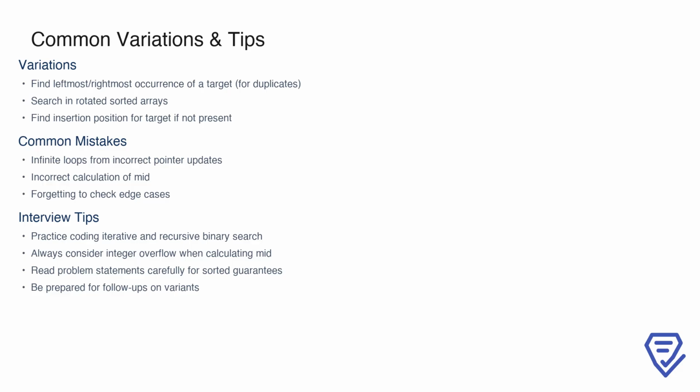Mistakes often arise from incorrect pointer updates, errors in computing the midpoint, or neglecting edge cases. For interviews, practice both iterative and recursive implementations, watch for integer overflow, and always confirm whether the array is sorted. Interviewers may ask about more complex binary search scenarios, so be ready for follow-ups.